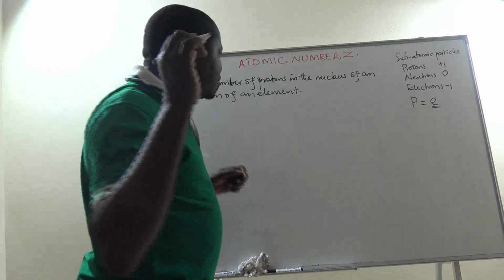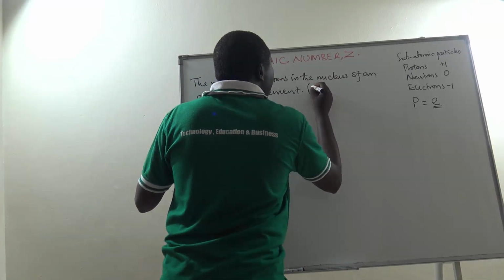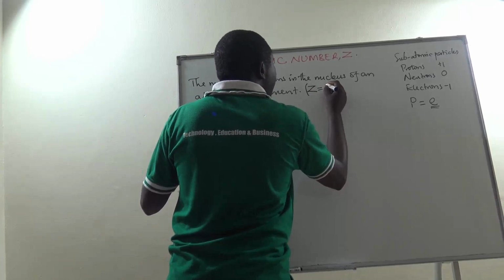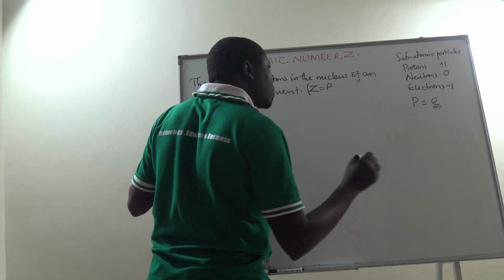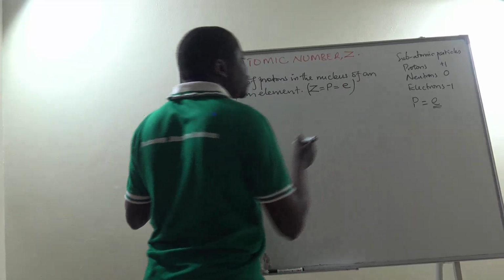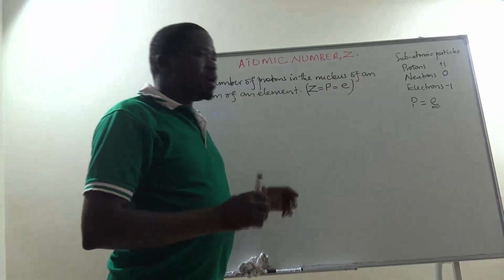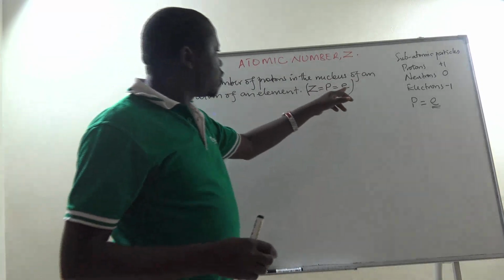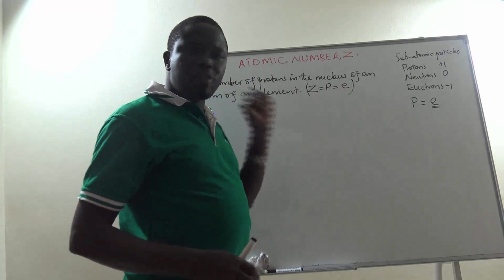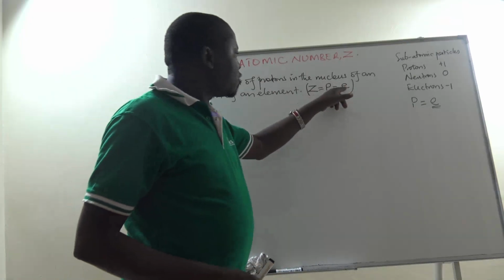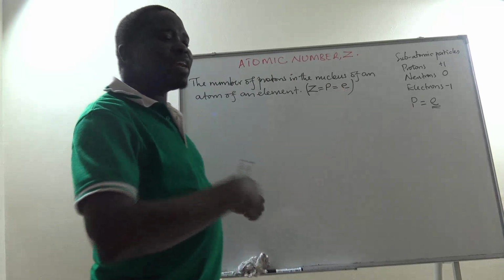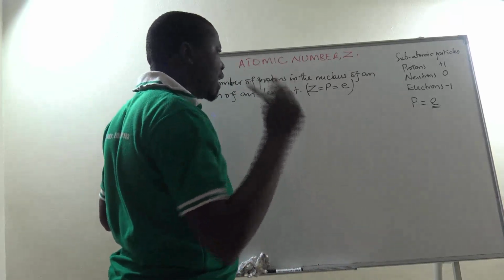But you should bear in mind that the atomic number which is represented or denoted by Z is the same as the number of protons, and in a neutral atom we expect the number of protons to be the same as the number of electrons. So this is a very important thing that we need to know, that the number of electrons is equal to the number of protons, although in some cases the number of electrons may not be the same if the atom is not neutral, because there can be electron loss or electron gain in an atom of an element.